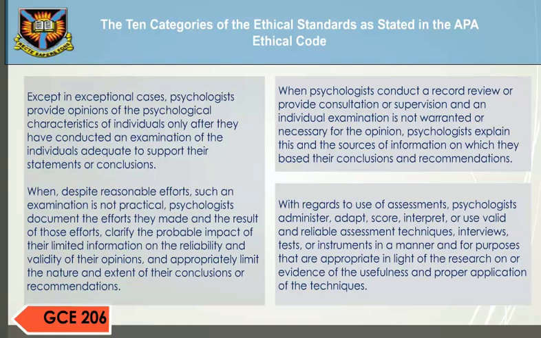When psychologists conduct a record review or provide consultation or supervision, and an individual examination is not warranted nor necessary for the opinion, psychologists explain this and the sources of information on which they base their conclusions and recommendations.